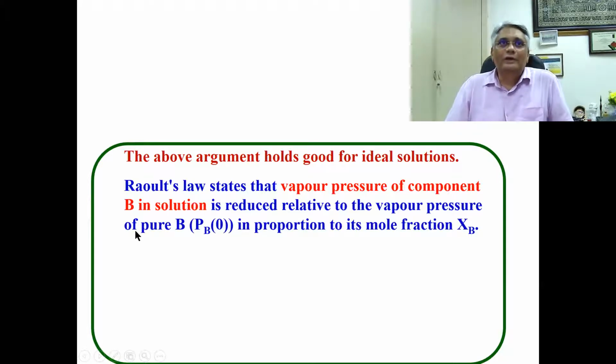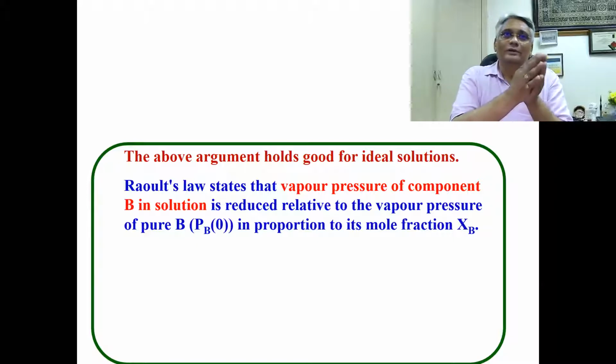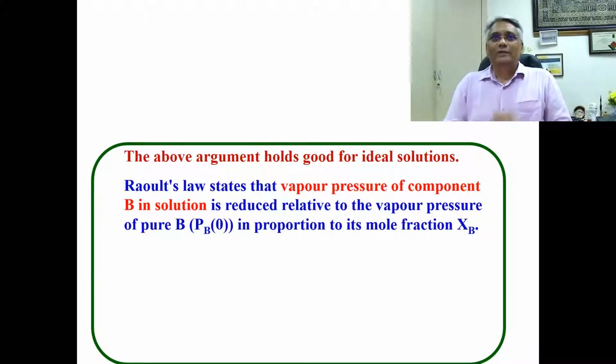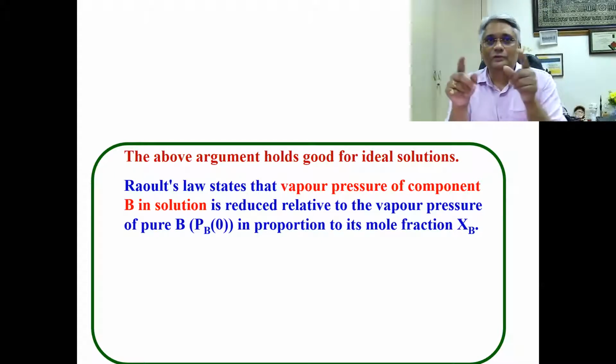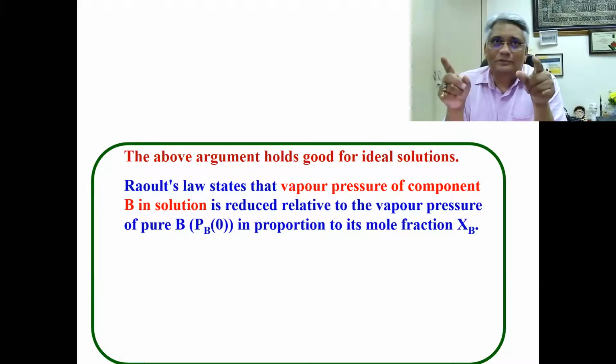But then we have Raoult's law, which states that, if you're considering two elements A and B, the vapor pressure of the component B in solution, because you're melting it, so you have everything in solution, is reduced relative to the vapor pressure of the pure form of B. So the vapor pressure of pure B is PB naught, and the vapor pressure of B in the molten solution form is PB.